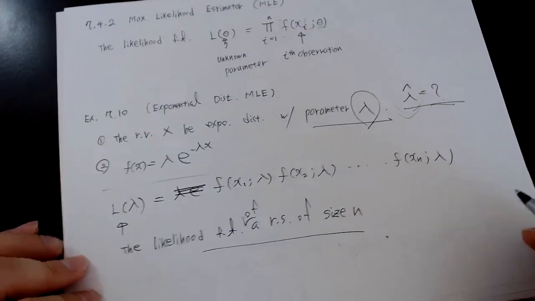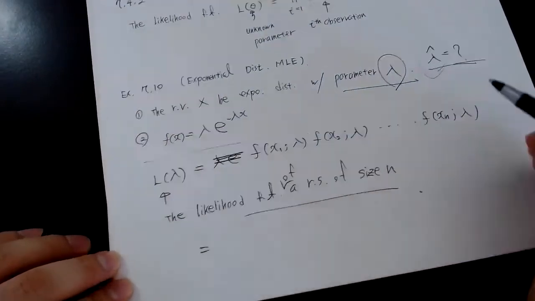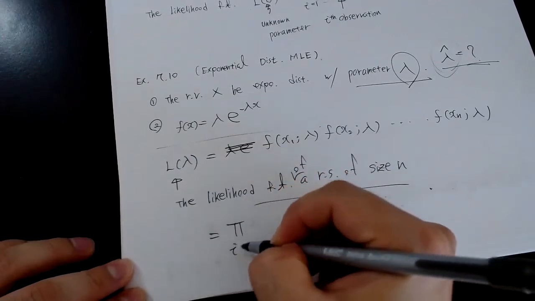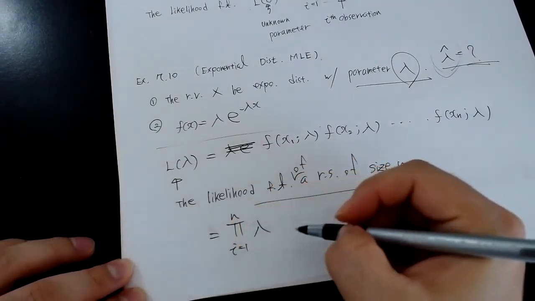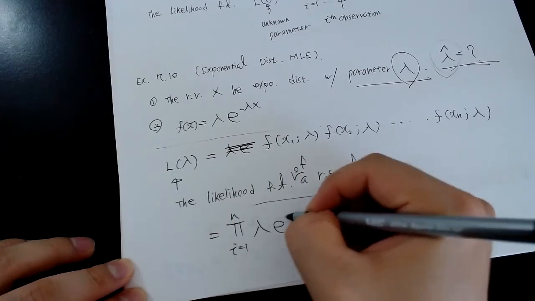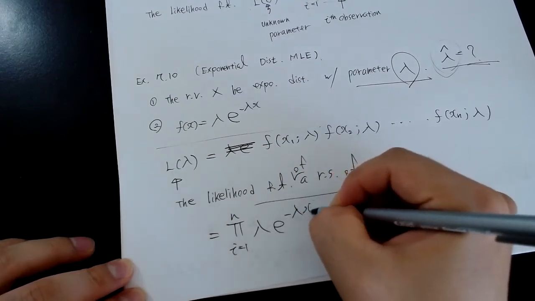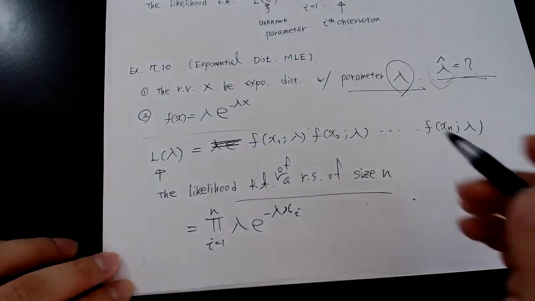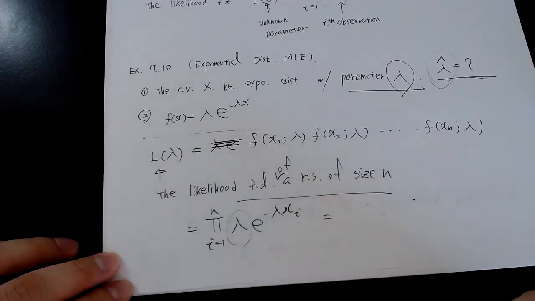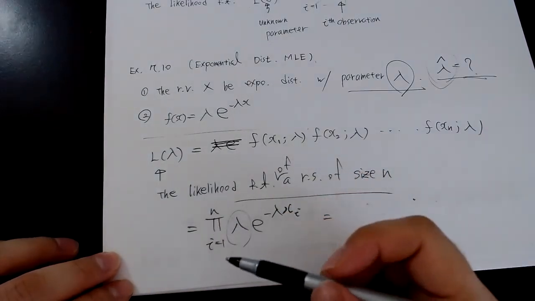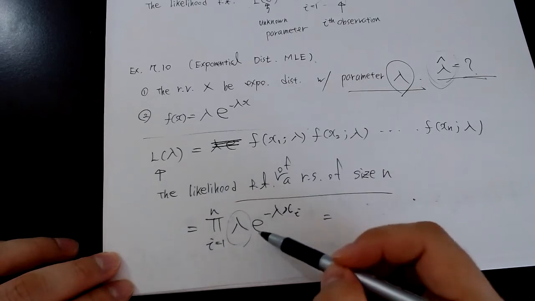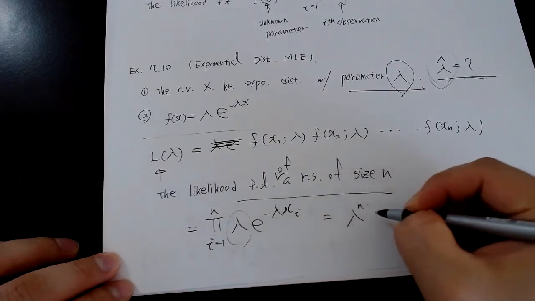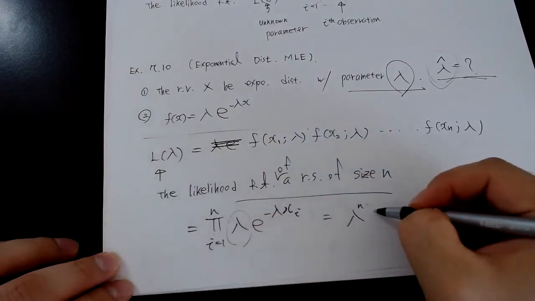Using the pi symbol, this is the product from i equals 1 through n of lambda times e to the negative lambda xi. Since lambda is a constant, the product of lambda means multiplying lambda n times, so we get lambda to the nth power, and take it out of the product.